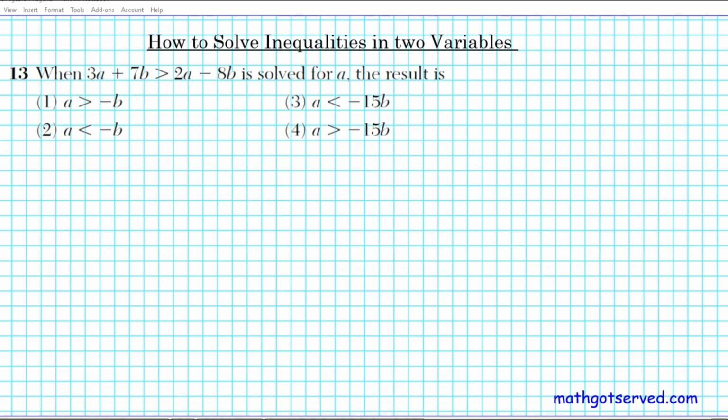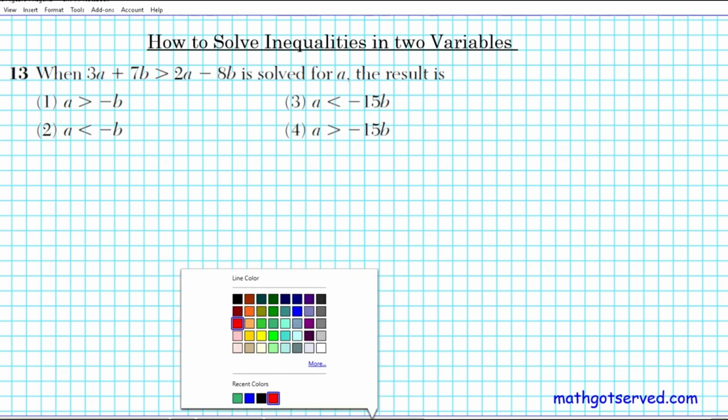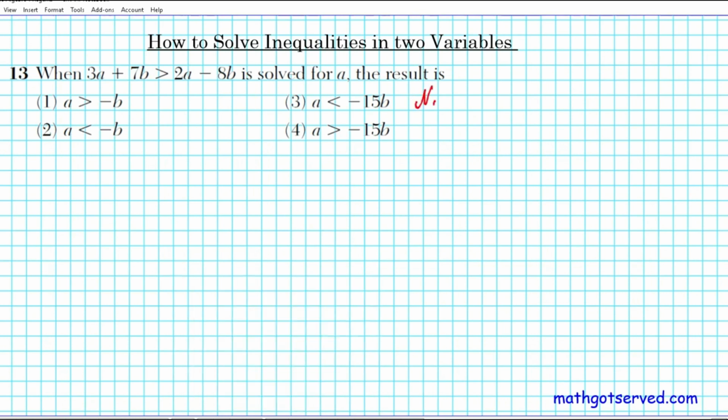So what are we supposed to do when we're asked to solve for a particular variable in an inequality? Let's write down something to keep in mind.